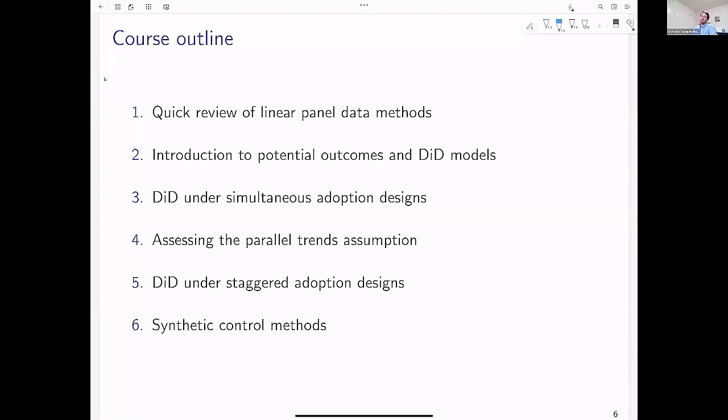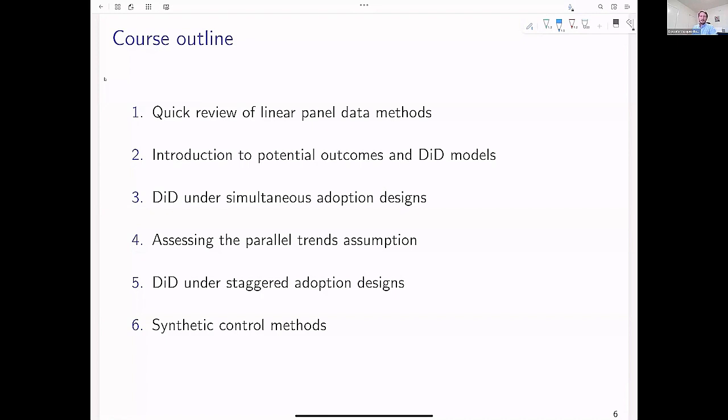Within that context, I'm going to introduce diff-in-diff models in their simplest case, what we call the 2x2 diff-in-diff model, to see under what assumptions a diff-in-diff can actually recover the causal effect of a treatment or policy. That will be part number 2.